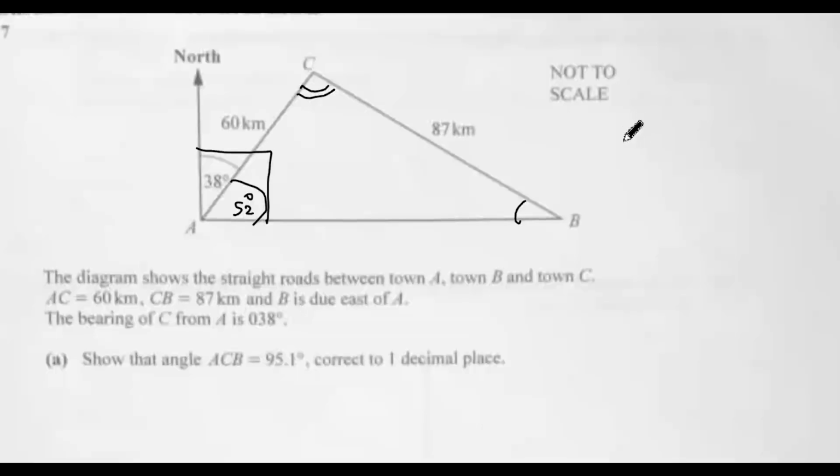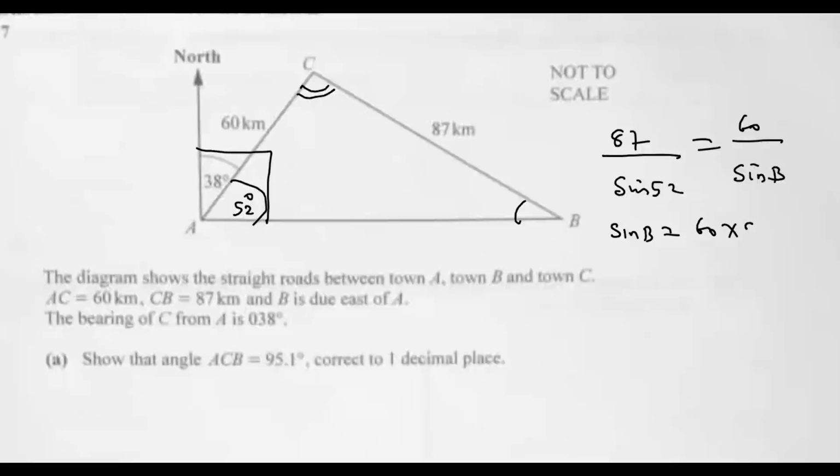Let me write by the side here. I know that 87, that's this side, over sine 52 is equal to this side 60 over sine B. If you cross multiply, sine B will be equal to 60 times sine 52 over 87.